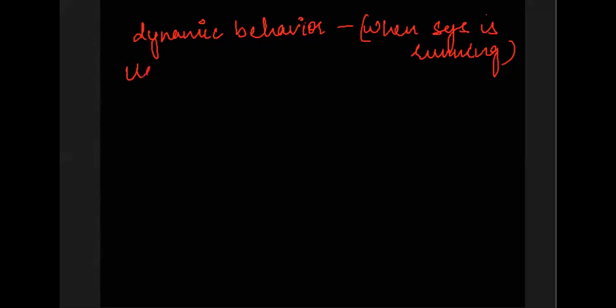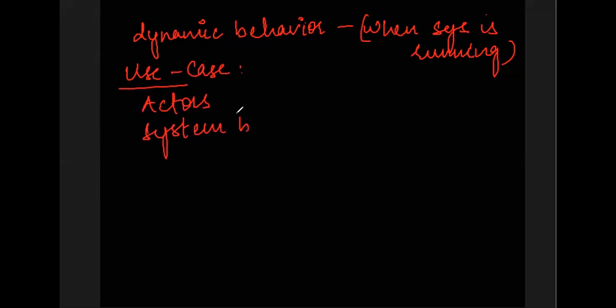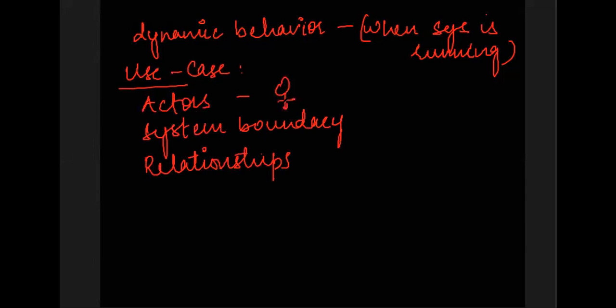Now, within the previous class, we have identified the different elements within the use case diagram. You have identified the different actors, the system boundary, and the relationships. Actors are stickmen. This can be primary or secondary actors.